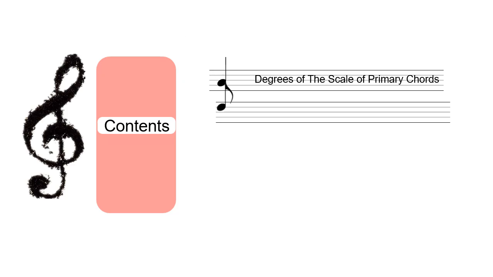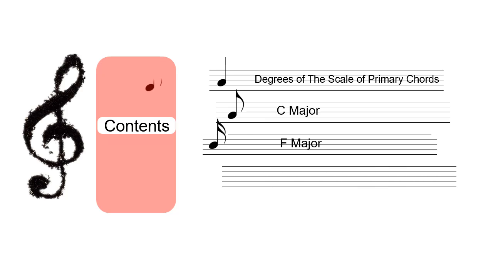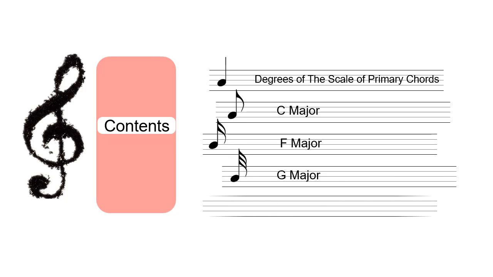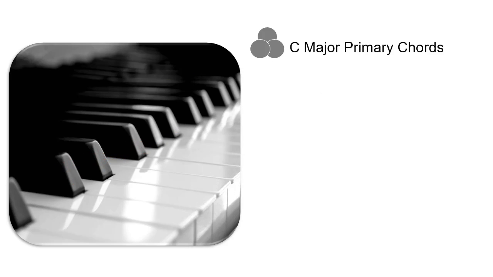We want to look at on which degree of the scale they are formed. First, we are going to concentrate on the C major, and then thereafter we'll look at the F major, and finally we consider the G major scales to consider in primary chords.